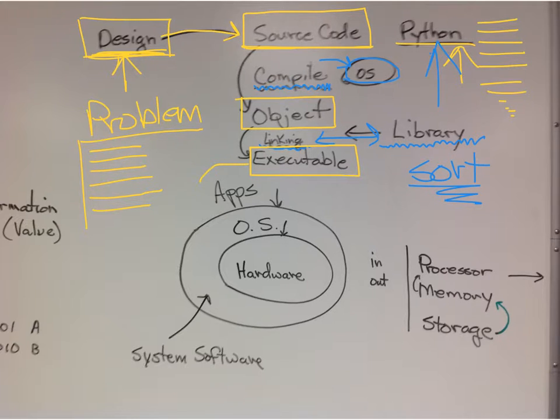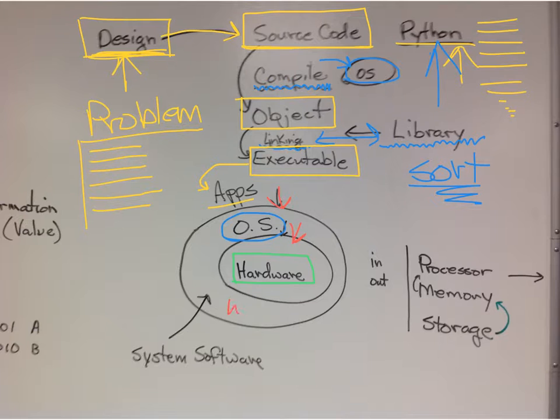So we have executables that would be applications or apps, and they communicate with an OS that ends up communicating with the hardware. So if we were to draw lines here to show how this happens, the app tells the OS what to do, the OS makes requests to the hardware, and the hardware responds.